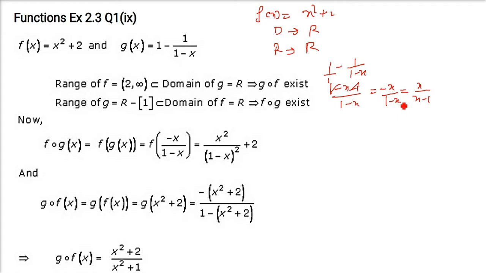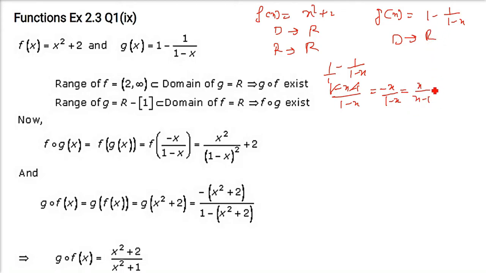I told you already that there will be no possibility of 0 in the denominator. We have to avoid that situation. The domain is all the real numbers except what?